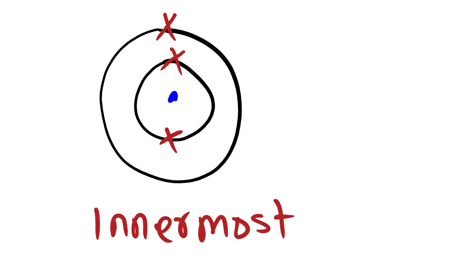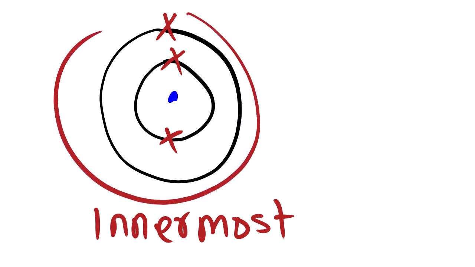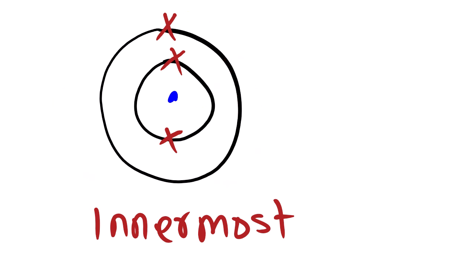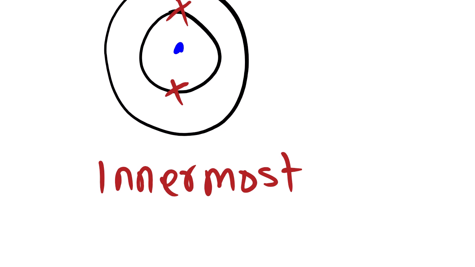So now the innermost shell houses 2 electrons. Then this one that is outside, since there is no other shell outside, if this is innermost because it's inside, then this one is out, and the term for the shell that is more outside is called outermost.